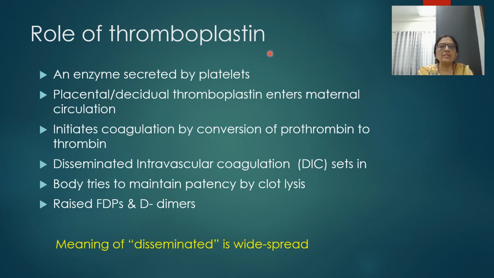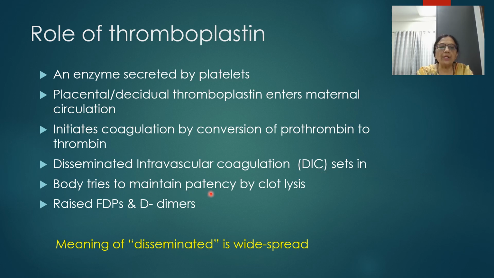So what is thromboplastin? Thromboplastin is basically an enzyme which is secreted by platelets. Now in these patients of retroplacental hematoma formation and abruption, placental or decidual thromboplastin enters into the maternal circulation. It initiates coagulation by conversion of prothrombin to thrombin. So ultimately disseminated intravascular coagulation sets in, DIC sets in.